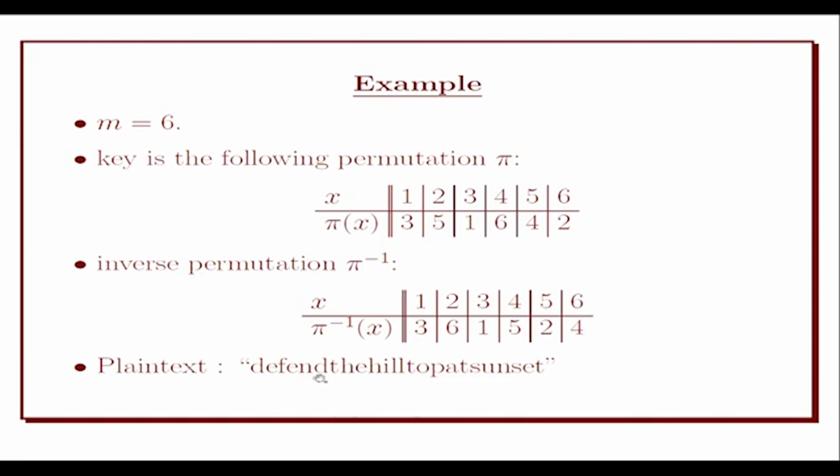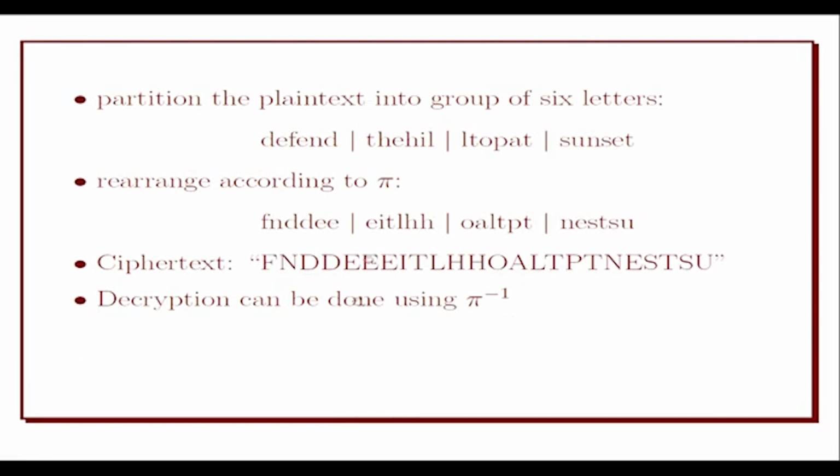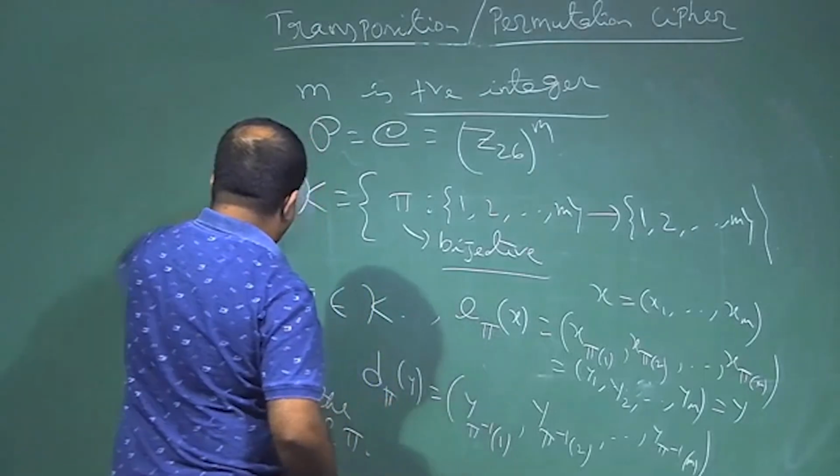So, D, E, F, E, N, D. This way we just break it into 6 letters. If the last block has 6 it is okay, otherwise it needs padding. Now, we have to apply this permutation on each of these blocks.